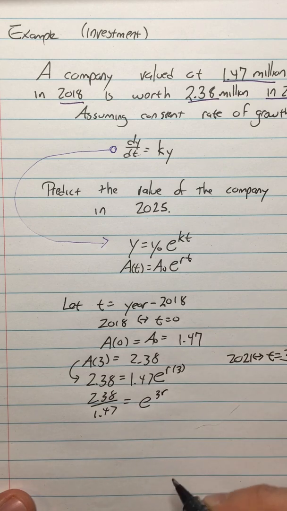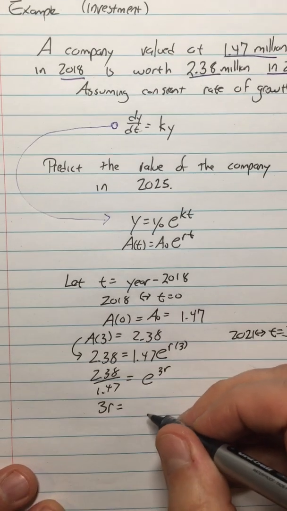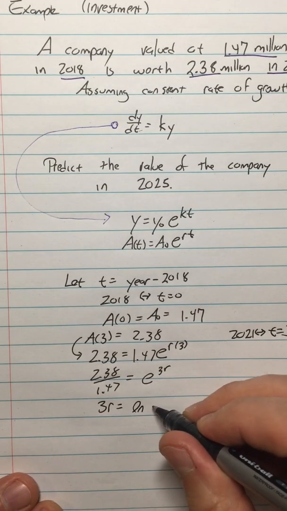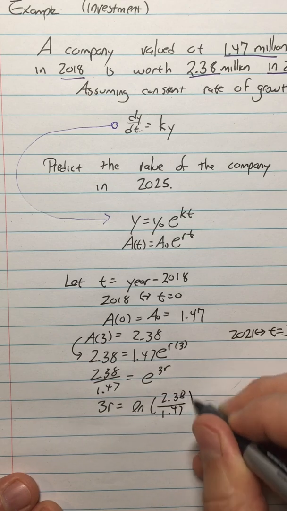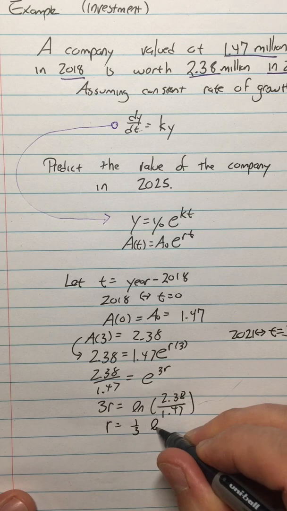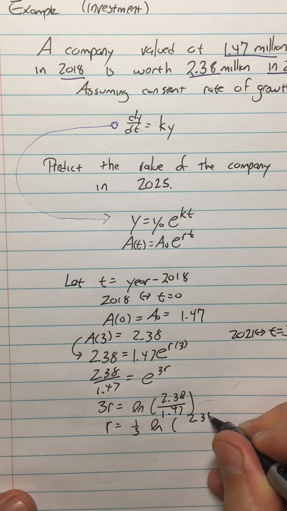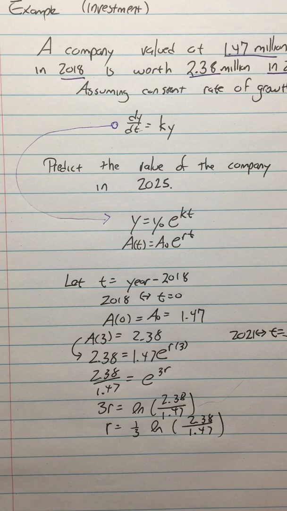That way I could just stick it all into the calculator at the end and get 3r equals ln of 2.38 over 1.47. Remember how to solve exponential equations. So r is equal to 1/3 ln of 2.38 over 1.47. All right, so that's that.